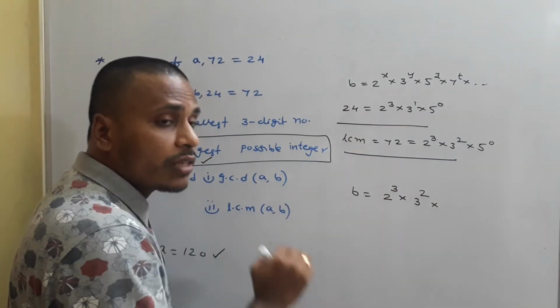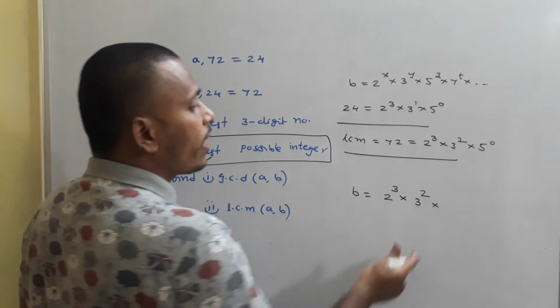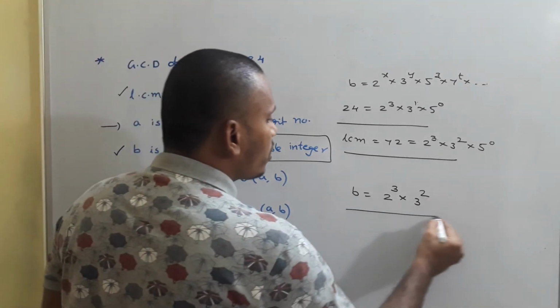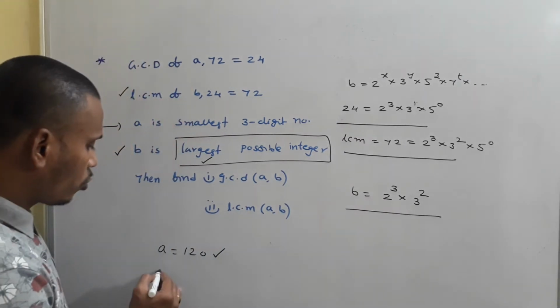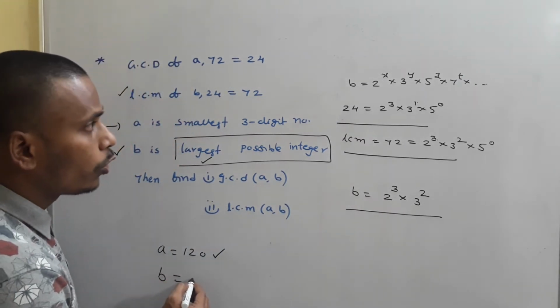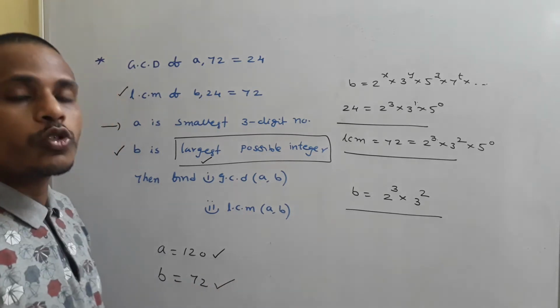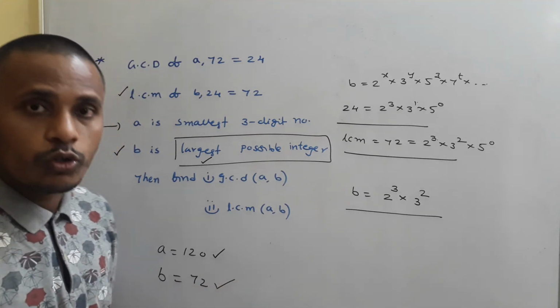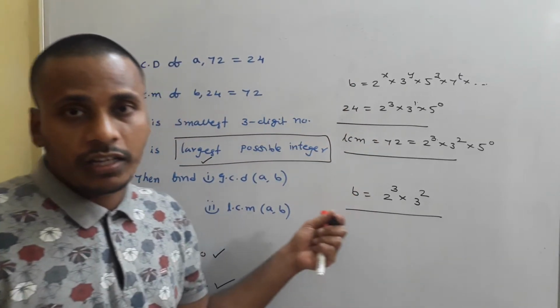In the same way 5, 7 and everything are not involved. So b is equal to 2 cube into 3 square, the largest possible integer, which is 72. So a is equal to 120, b is equal to 72, just by investigating using the prime factorization method.